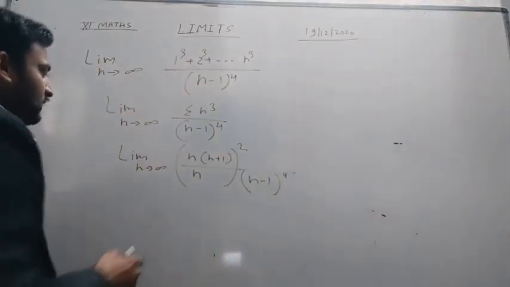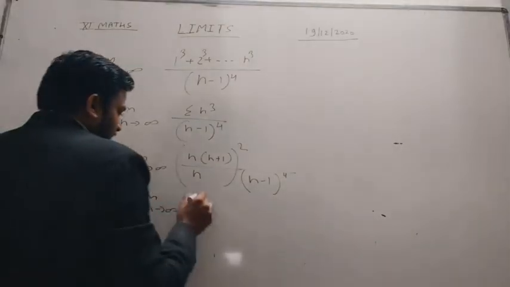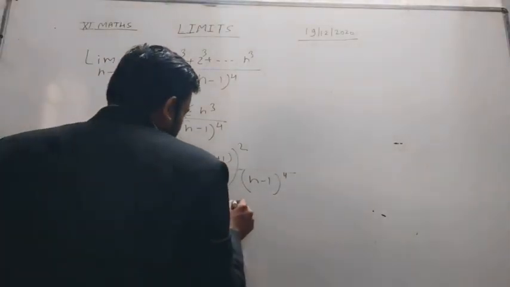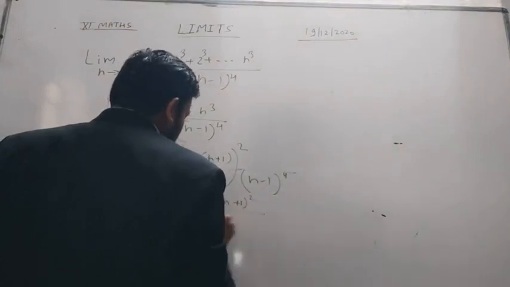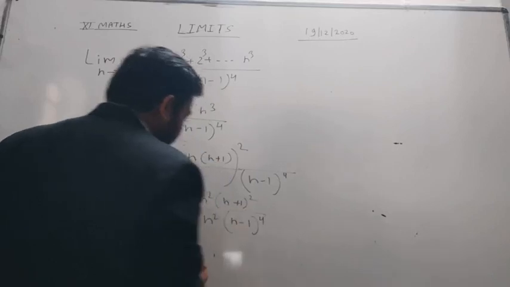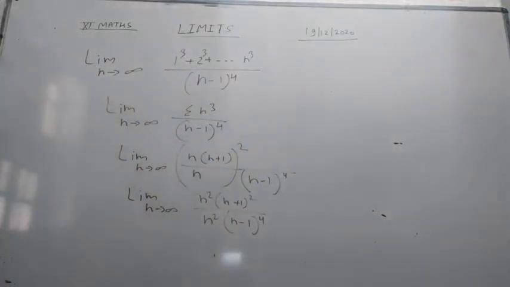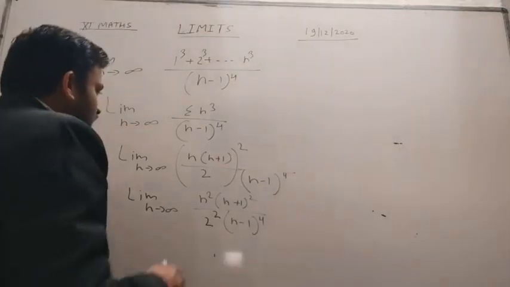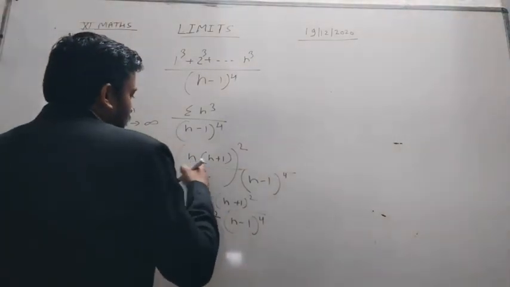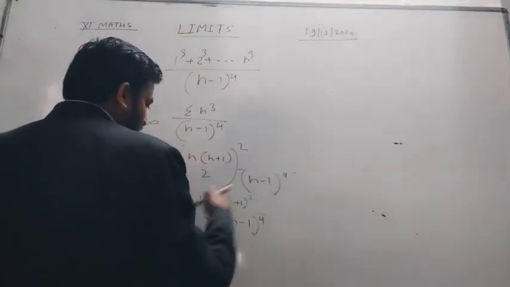Now we write the limit as n tends to infinity of n square times n plus 1 whole square by 2 square and n minus 1 to the power 4.